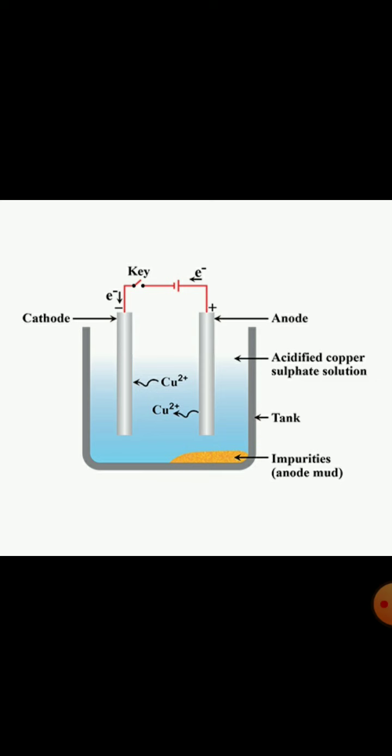Now the soluble impurities will go into the copper sulfate solution, and the impurities which are insoluble will settle down at the bottom of the anode. In the figure we can clearly see it is called anode mud, the impurities which are insoluble.